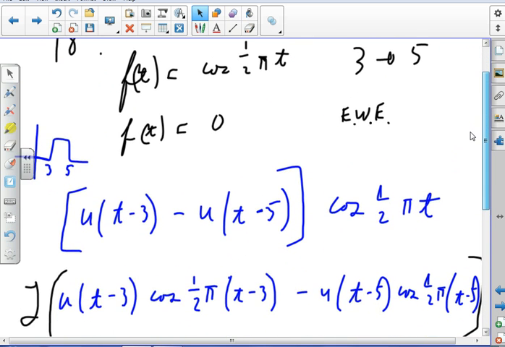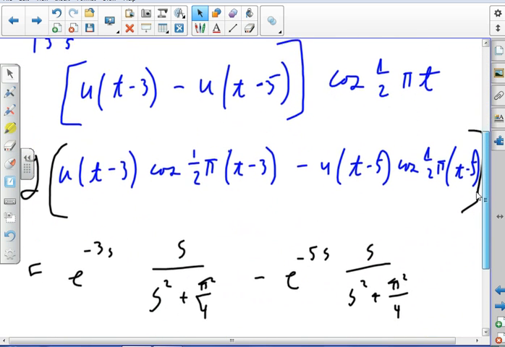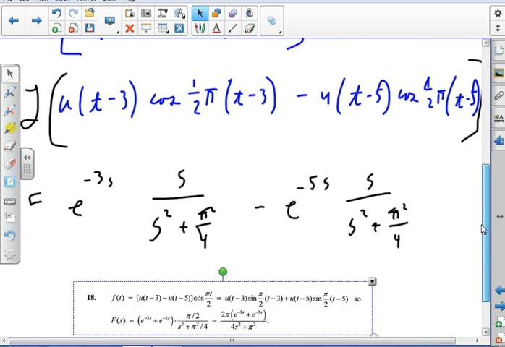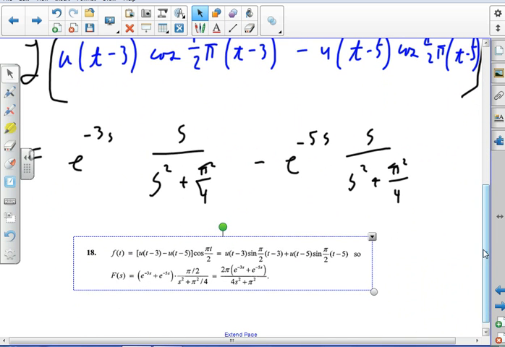Well, there's a pi over 2. But what makes them think that cosine of pi t over 2 is the same as sine of pi t over 2?